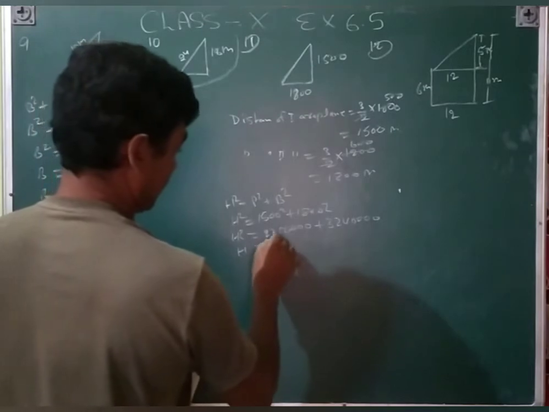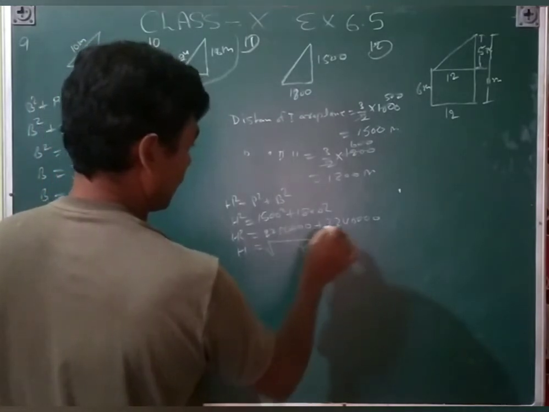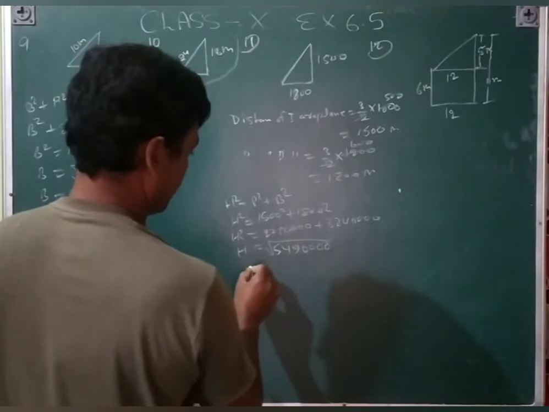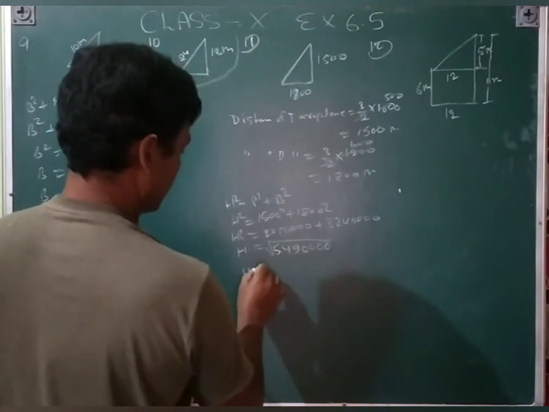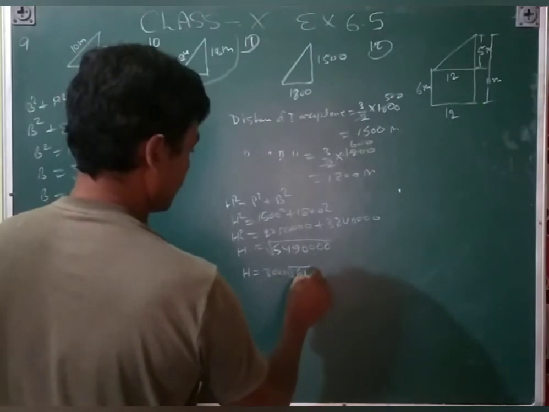So h is the square root of that, which is 300 under root 61 meter.